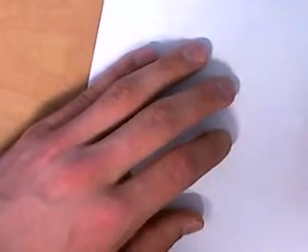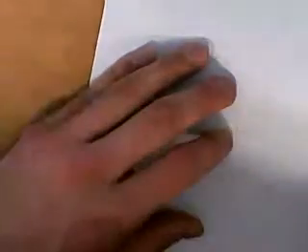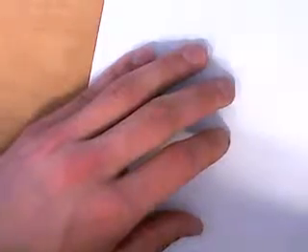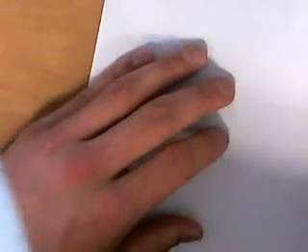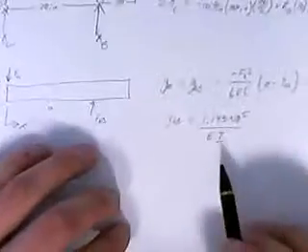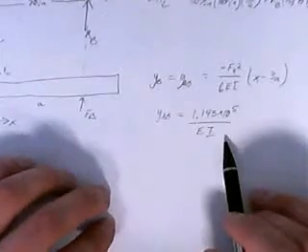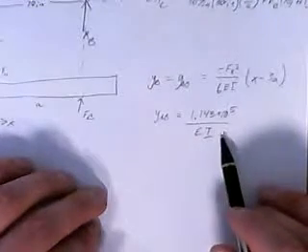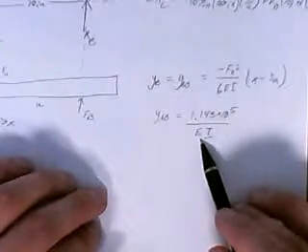This is going to equal 1.143 times 10 to the 5th over EI. As you can see here, EI, we can't solve for EI. I don't think you guys can see that.